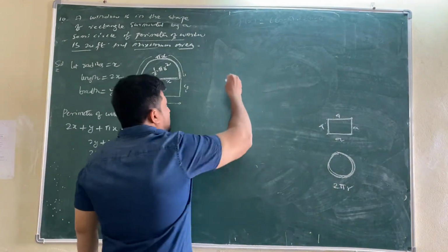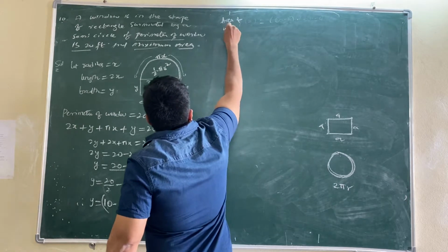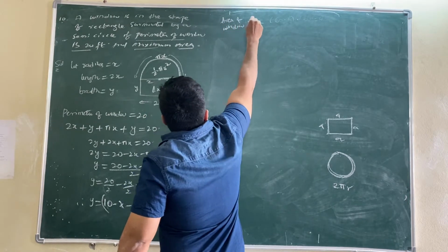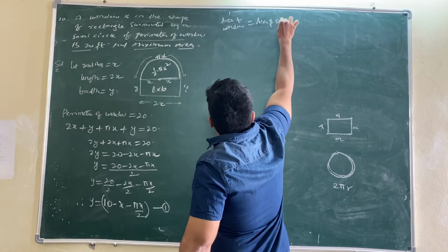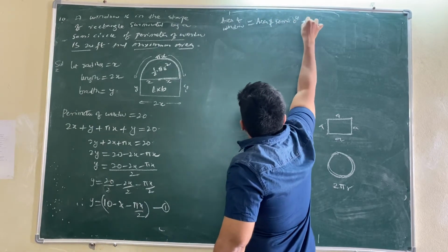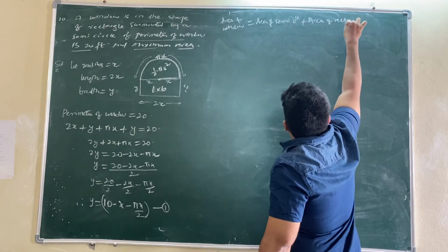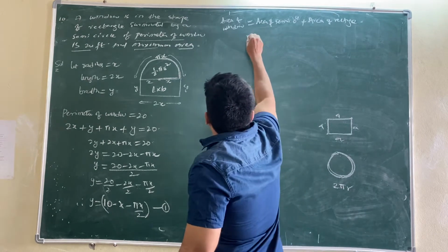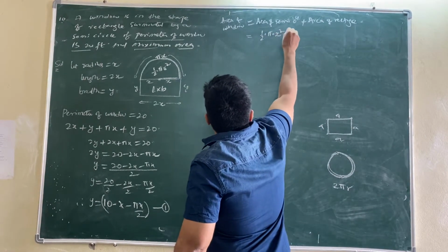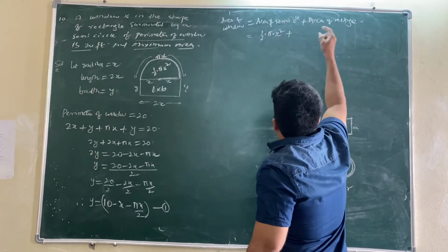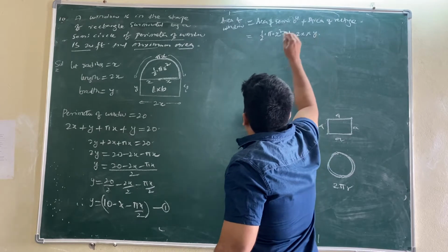So first we will write the area of the window equals the area of the semicircle plus the area of the rectangle. Area of semicircle is half into pi into r square, and the rectangle is length into breadth, 2x into y.